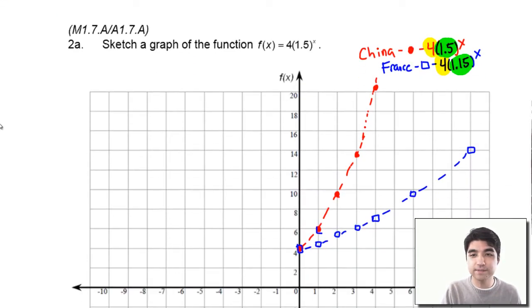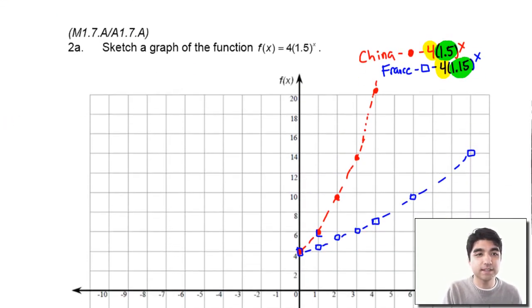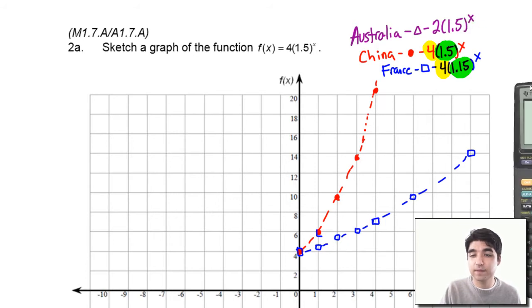So let's graph that one. So this is Australia, and let's use a triangle for Australia, and let's do 2 times 1.5 to the x power.